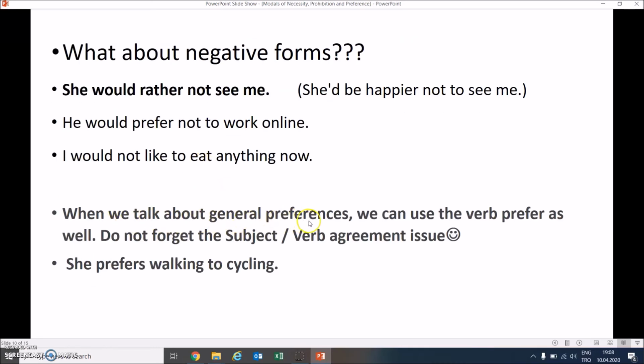When we talk about general preferences, we can use the verb prefer as well. Do not forget the subject-verb agreement issue. What does subject-verb agreement issue mean? For example, she prefers, not she prefer, or they prefer, okay? Subject-verb agreement. She prefers walking to cycling.